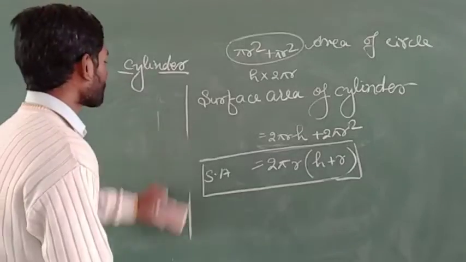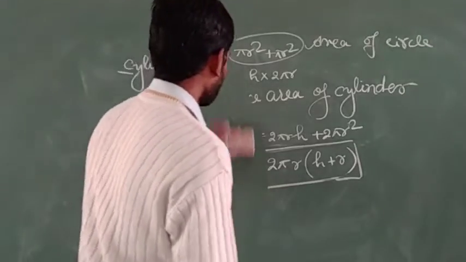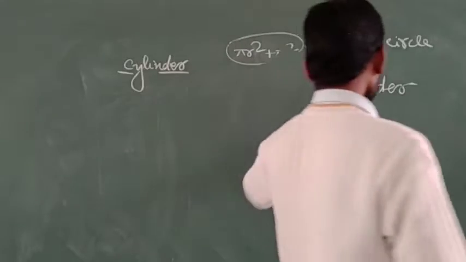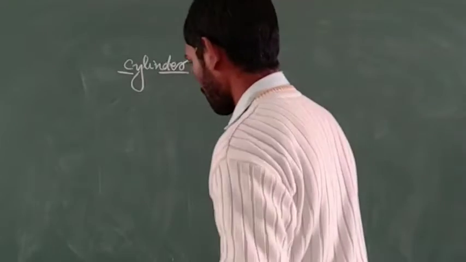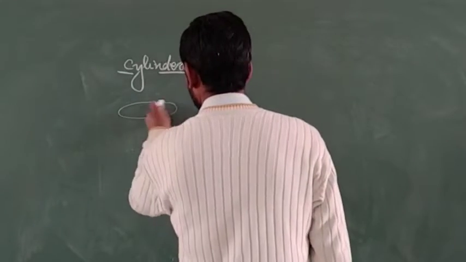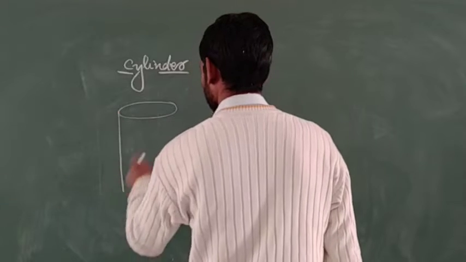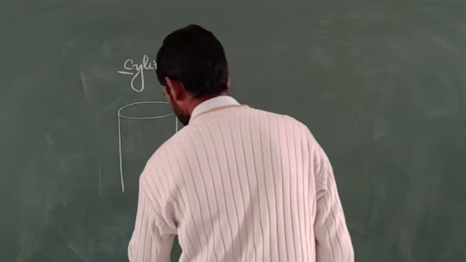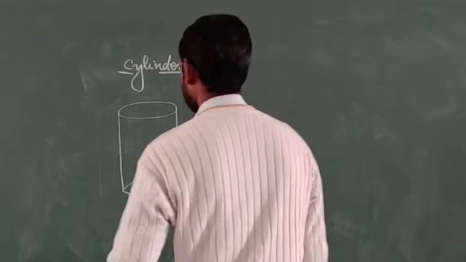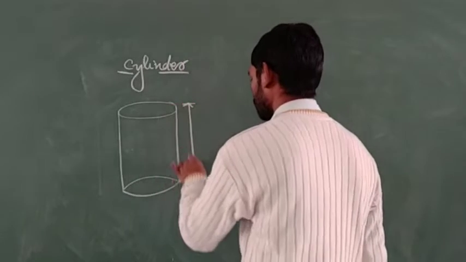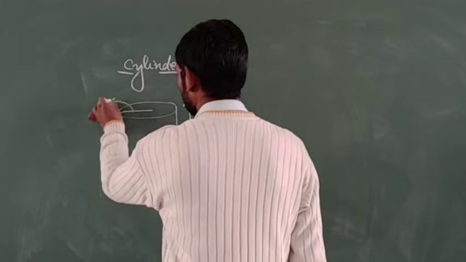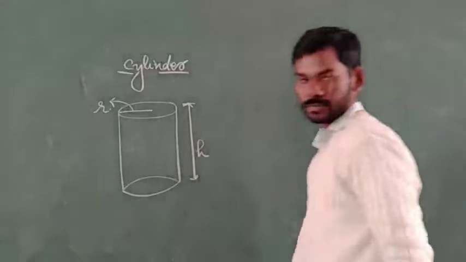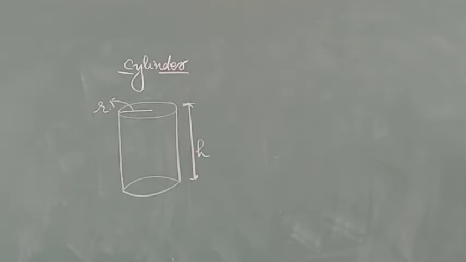Now let us see the volume of the cylinder. This is its height and this is its radius. Okay. Now let us see the volume of the cylinder.